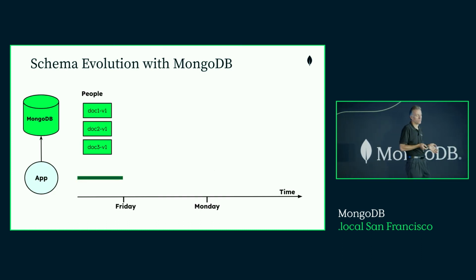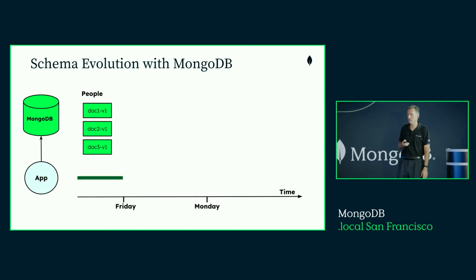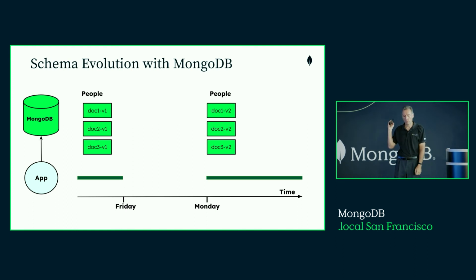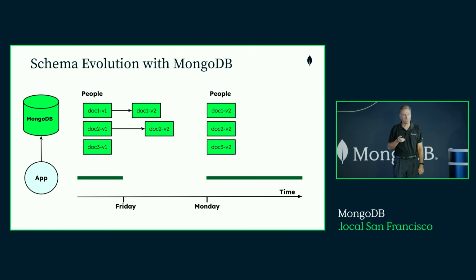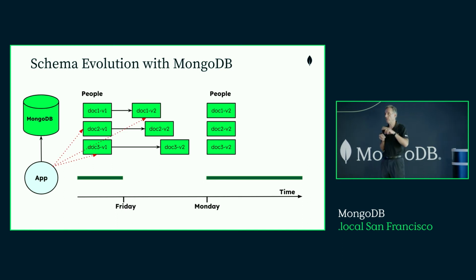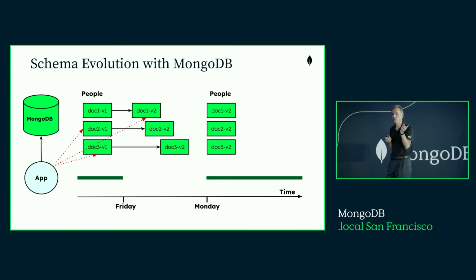So what we have on Friday evening is documents that are in V1. On Monday morning, we want all those to be in V2. Well, we can go and slowly, one by one, update the documents, as long as my application is able to read both shapes, version 1 and version 2, which means we will have to update the application first.